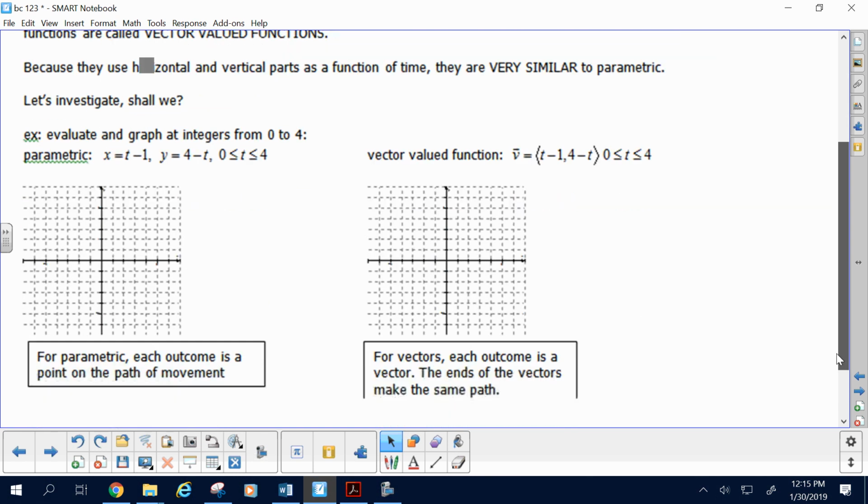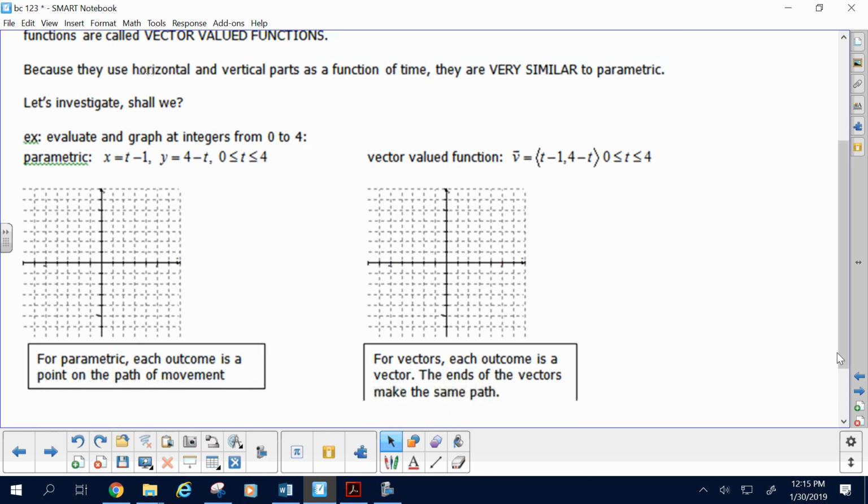Because they use horizontal and vertical, they are very similar to parametric. So let's do a little compare and contrast here. This is a parametric case. This gives you position horizontally and vertically at different times. I could, for example, graph this baby from 0 to 4. At 0, where is it?